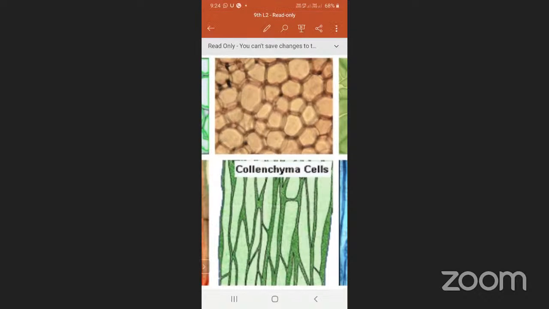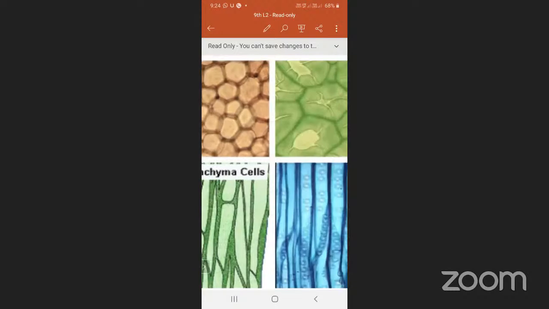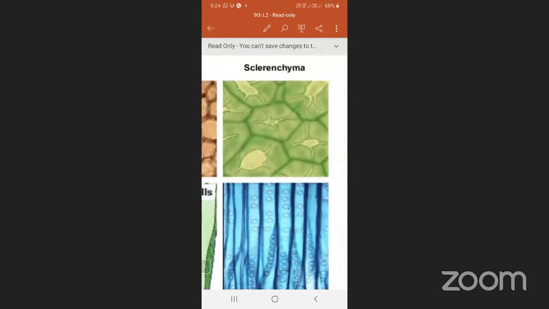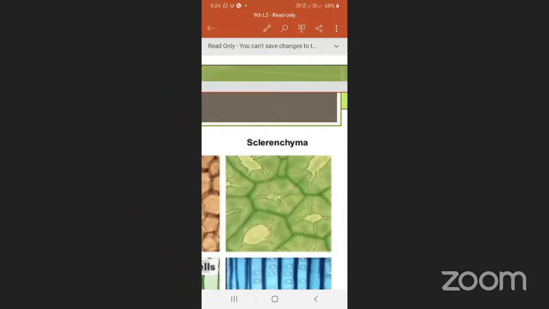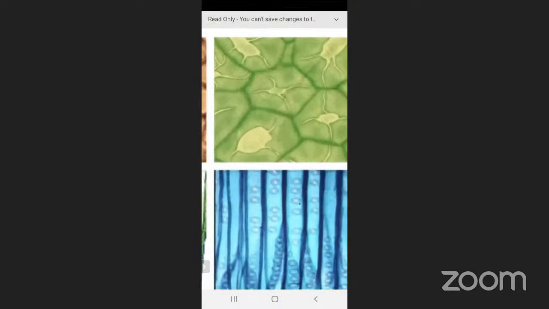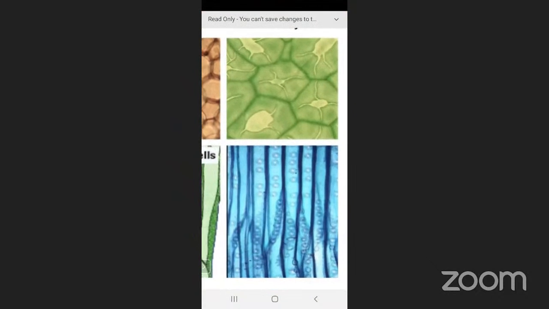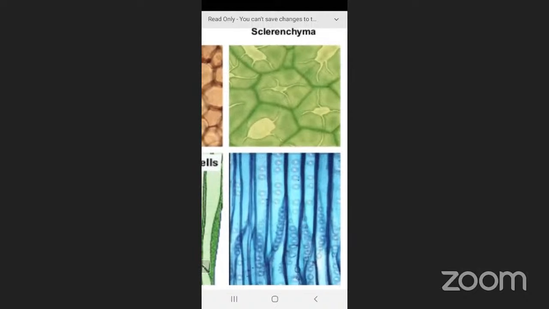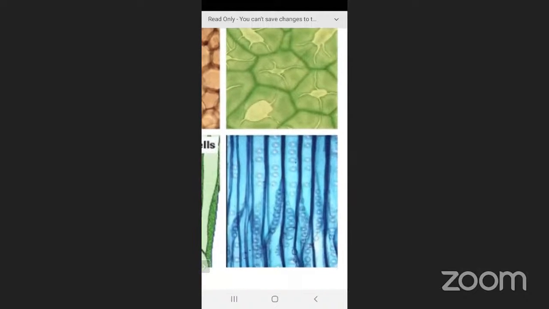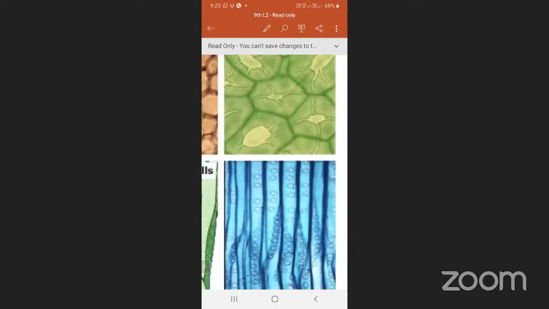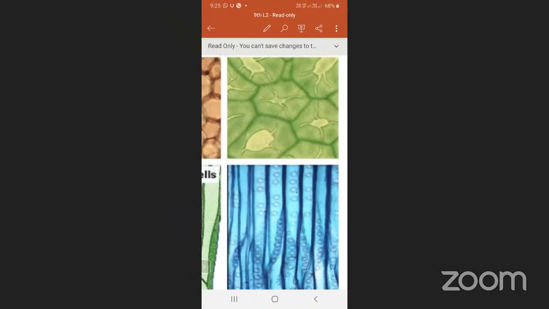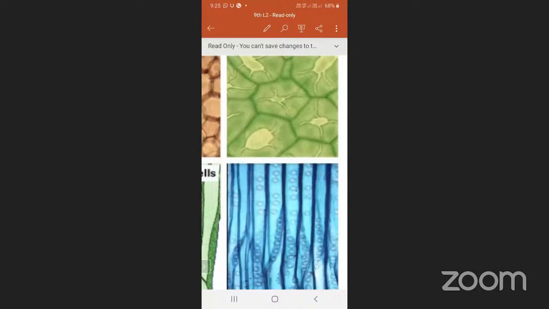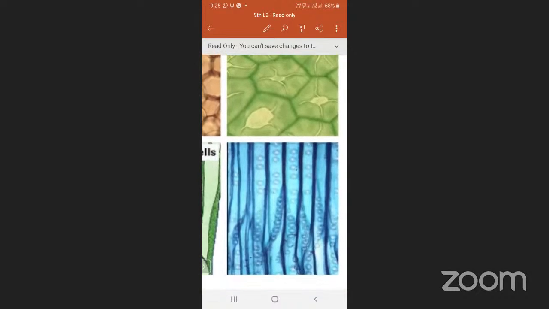Next, coming to sclerenchyma. Look at the screen, all of you. In the sclerenchyma, the cells are thick-walled and tightly packed without spaces.